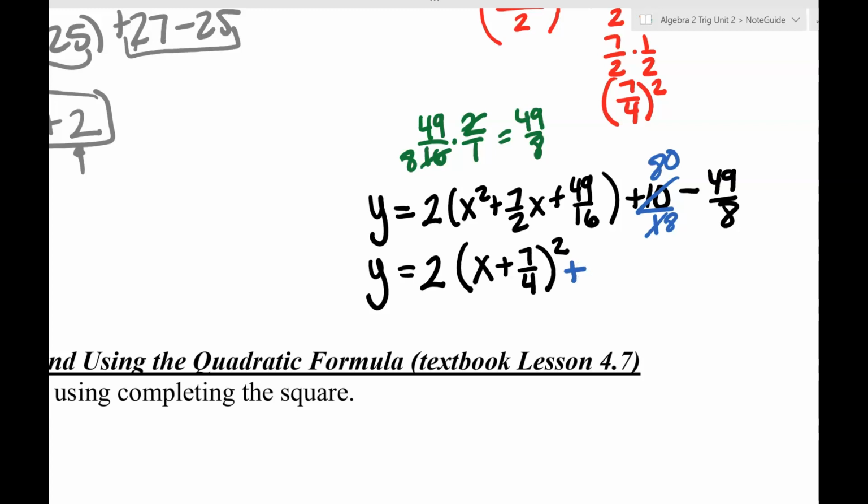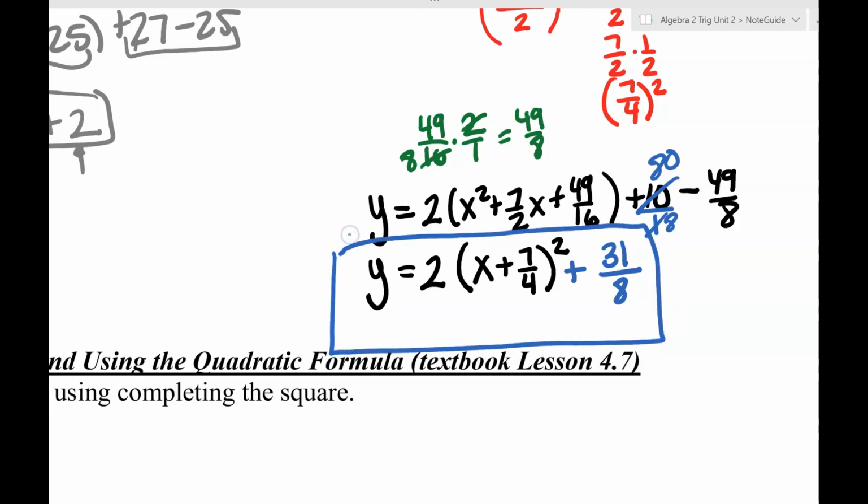When I do that, I get a denominator of 8, a numerator of 31. And so this is my equation with an a value of 2, an h value of negative 7 over 4, and a k value of 31 over 8. They're not nice numbers, but you could still plot them and graph them from that vertex form.